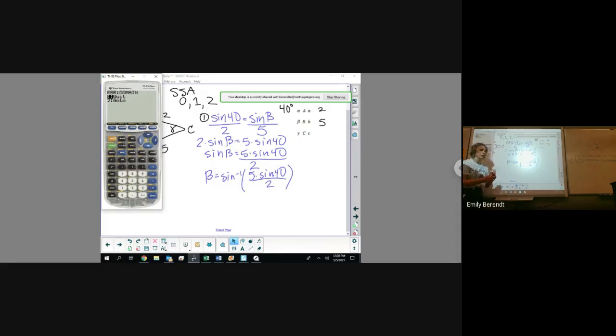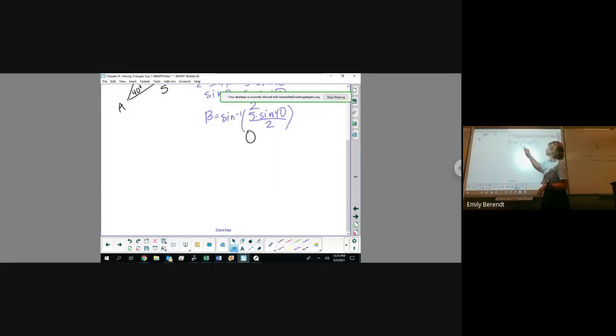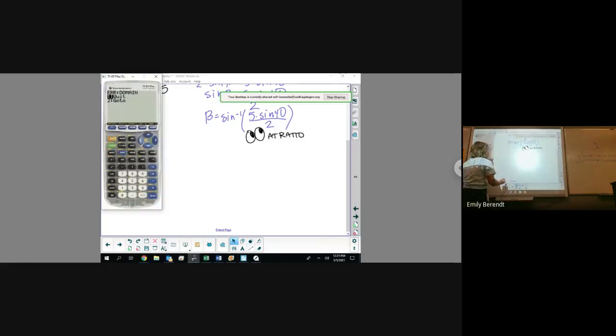So we're going to go back to what we typed in, and we are going to take a look at the ratio. Just type the ratio in the calculator. Don't do the inverse sine. I just want you to type in 5 sine of 40 divided by 2, because sometimes our prom nails do get in the way and we do mistype things.